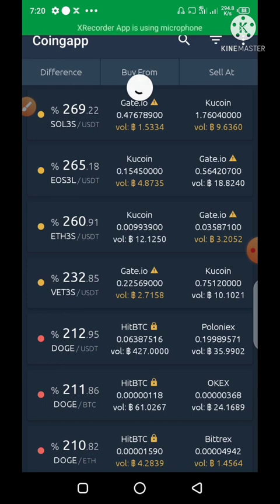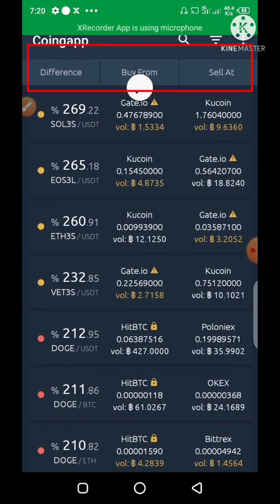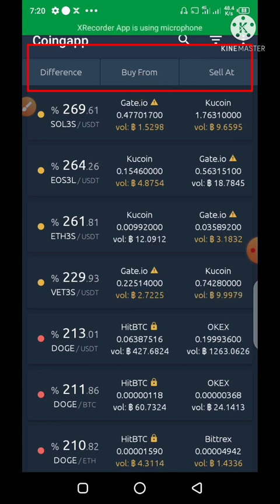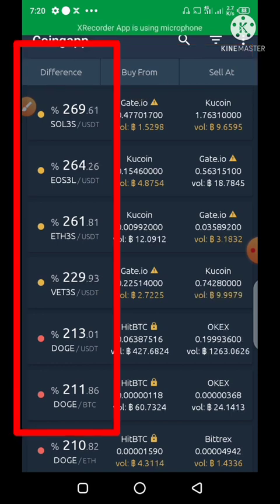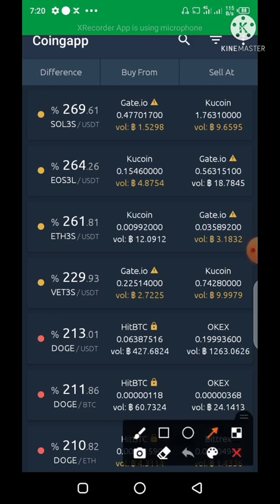As you can see from the top of the application, there is the difference between buy from and sell at. That's the difference, and here is the difference in percentage. And here, when you buy from, for example, KuCoin, there's a difference in percentage of 261.81%.